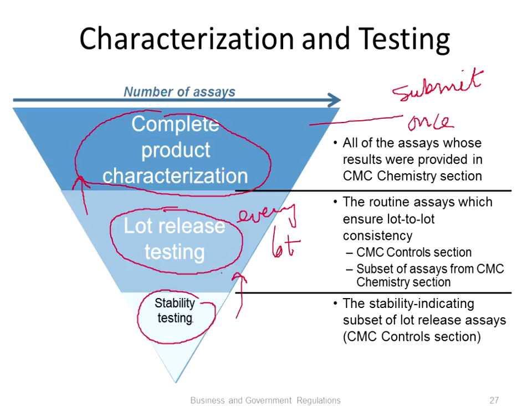Okay, so the number of assays is less for stability testing. This is ongoing all the time. Lot release, every lot you have to do certain tests, and the complete characterization you provide in the CMC chemistry section. Okay, so lot release testing also includes the CMC control section and a subset of the chemistry section.